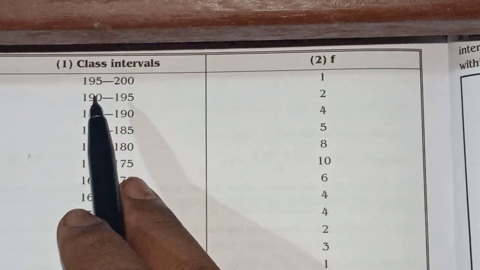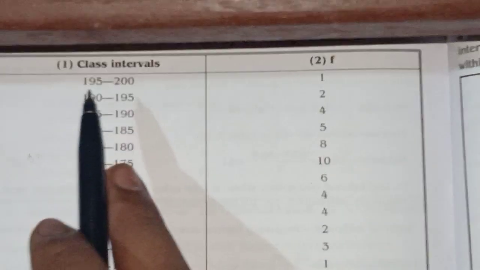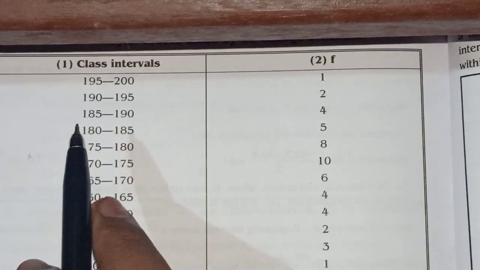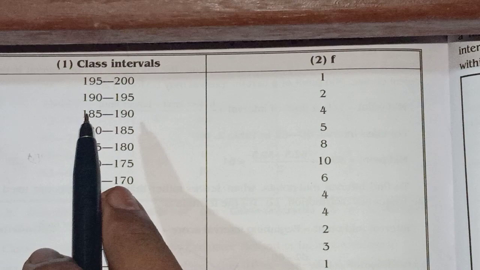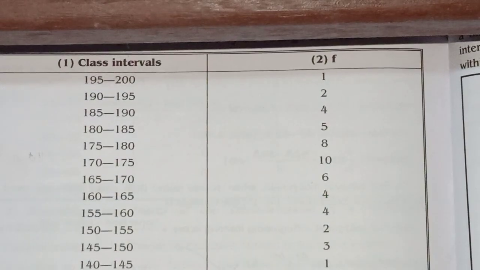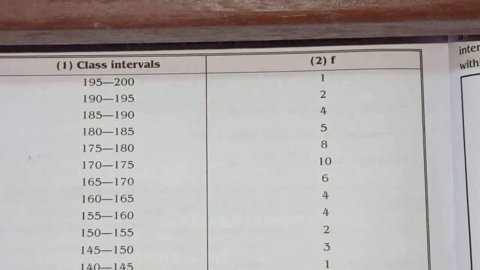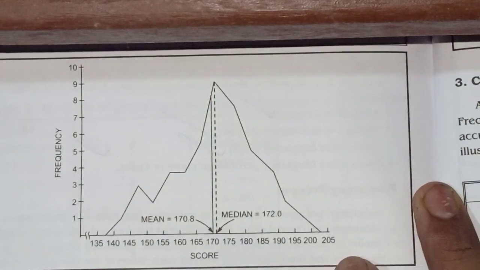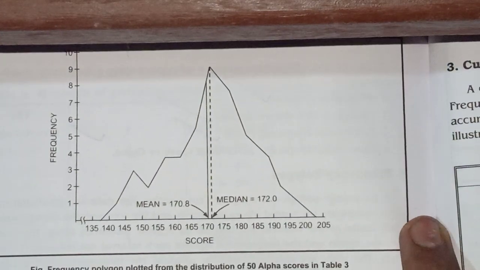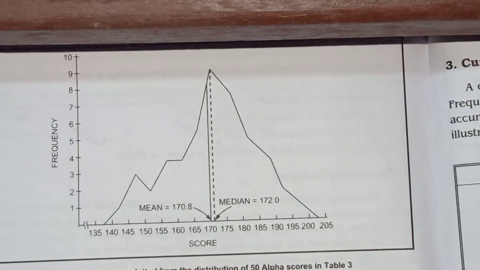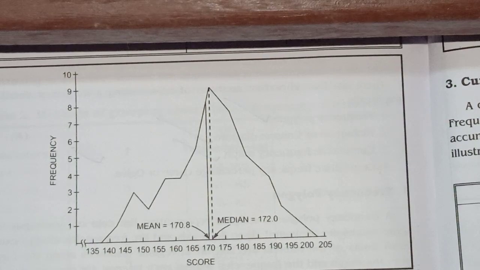One student scored between 195 and 200, two students scored between 190 and 195, and like this it goes. This is basically the information: how many students scored how much. Understood? Then this is the polygon. Okay, the frequency polygon, how it is made.